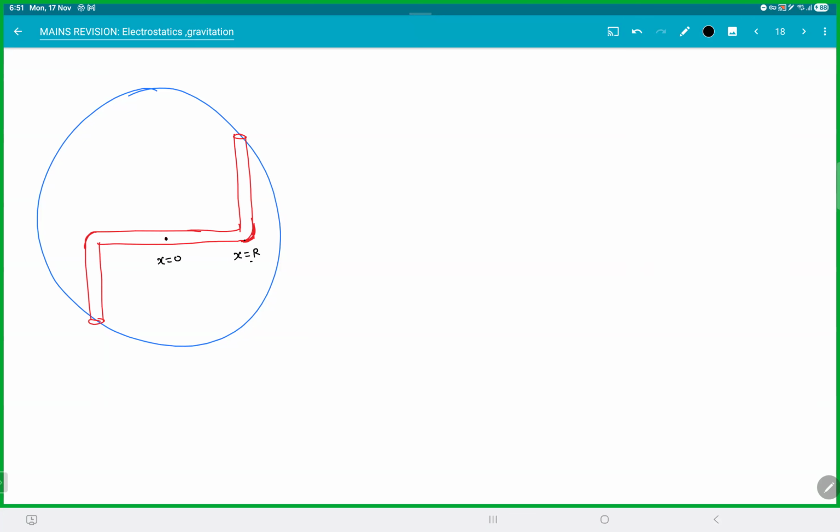Let's say this is x is equal to r by 2 and this is x is equal to minus r by 2. Now if you release a particle from here, A, B, C, D, and E. Find the time taken to go from A to E. Assume the tunnel is smooth and at the corners there's no collision. The particle will just glide.